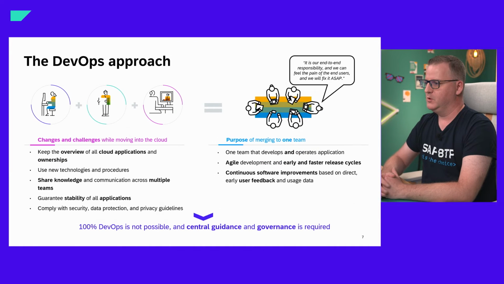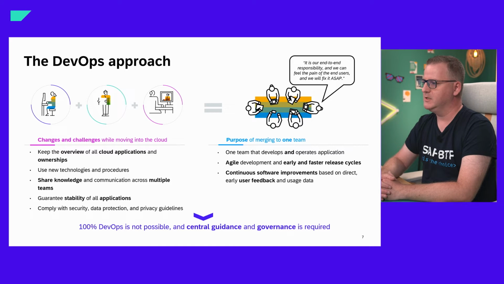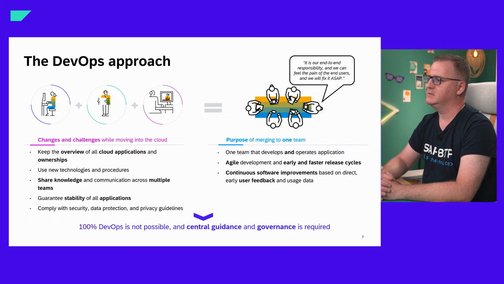However, in the cloud world, this is not the ideal setup because you want to leverage the advantages of a cloud deployment model, which is having the possibility to have really fast release cycles, react really early on feedback from end users and collect data, and to continuously improve your application.